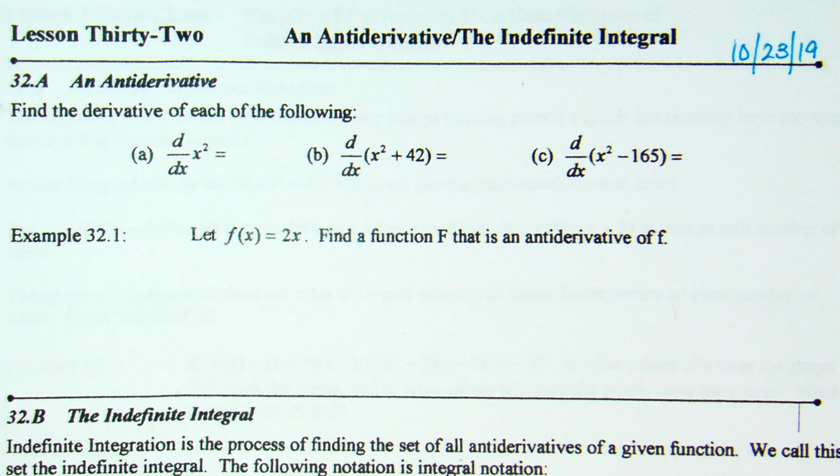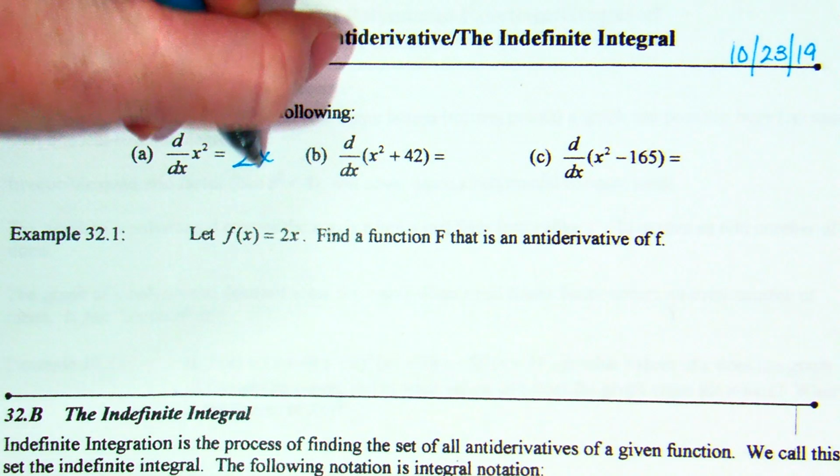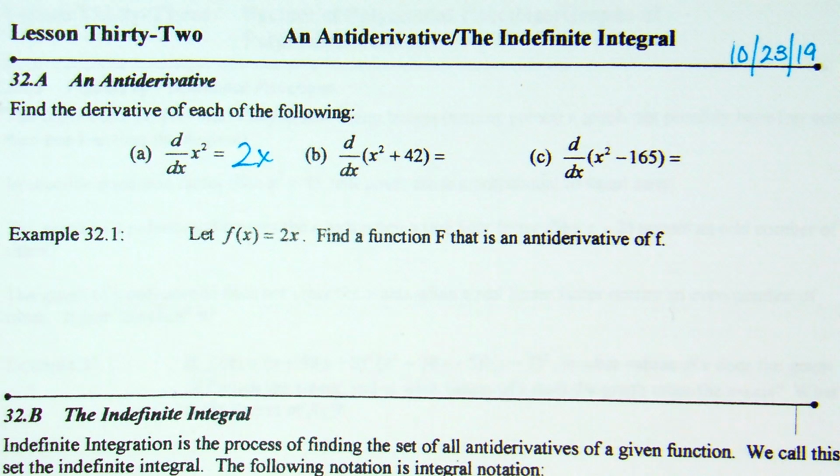When it says d dx x squared, what that's saying is take the derivative of x squared. So what is the derivative of x squared? 2x. Because remember, you move the power out front, you subtract 1 from the power, right? Okay. What is the derivative then of x squared plus 42? 2x plus 0.